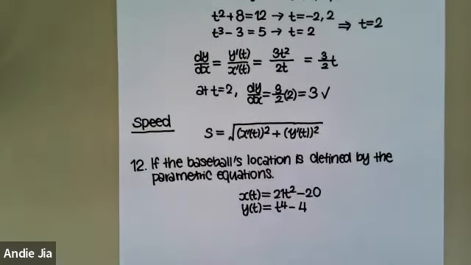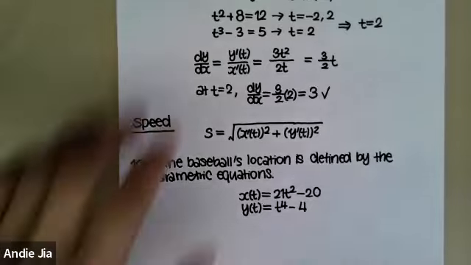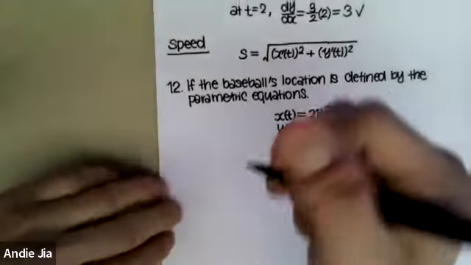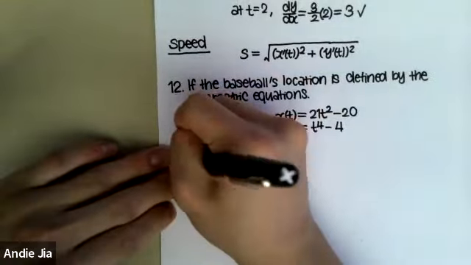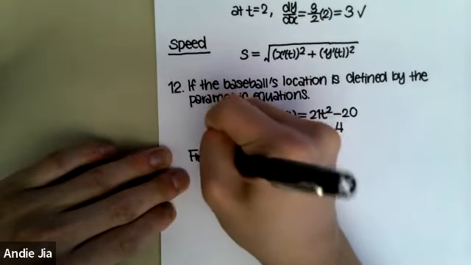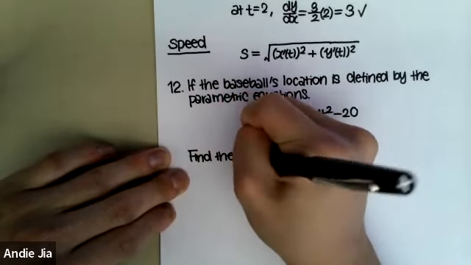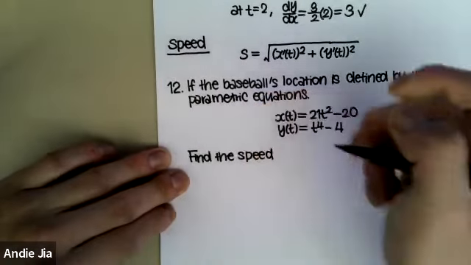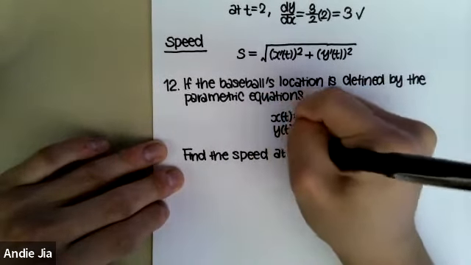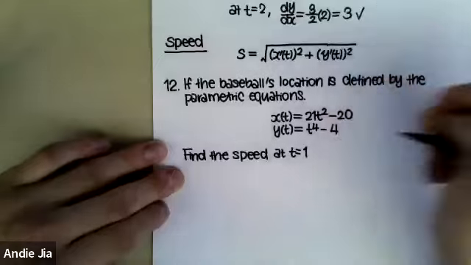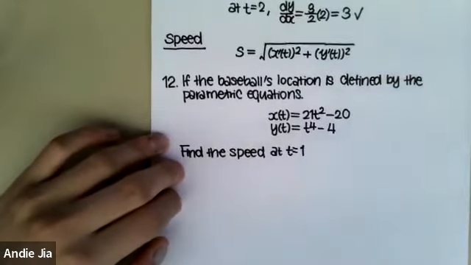Okay, so find the speed of the baseball at t equals 1.